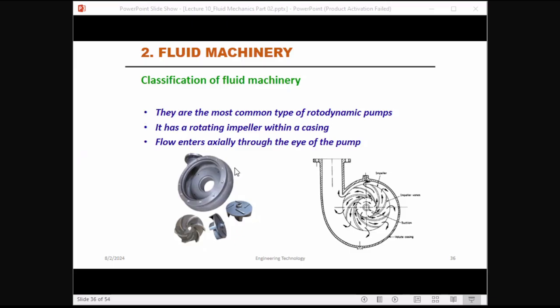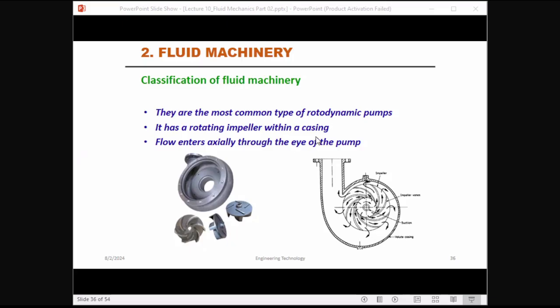Centrifugal pumps are widely used in industry because of their simplicity, efficiency, and ability to handle a wide range of fluids. They can handle liquids with low viscosity.